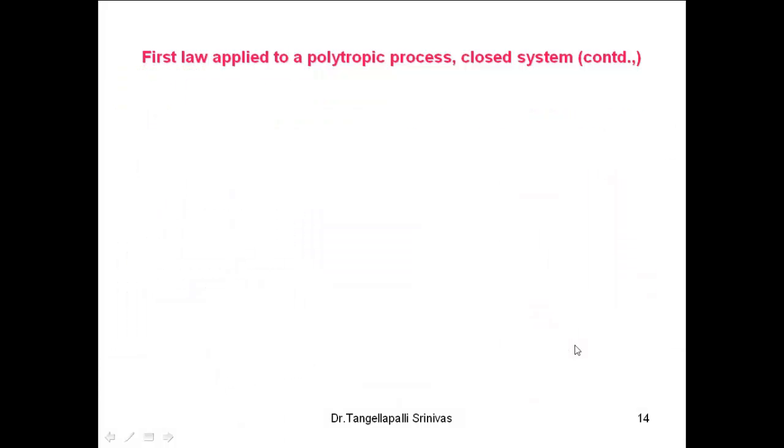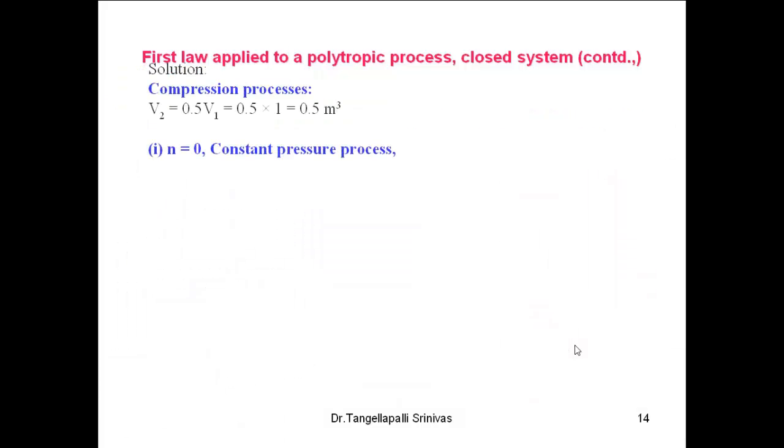Coming to the solution of this numerical problem, in the compression process the volume ratio is considered as 0.5, that's why the final volume is 0.5 meter cube, whereas the initial volume is 1 meter cube. First consider the constant pressure process where n is equal to 0.